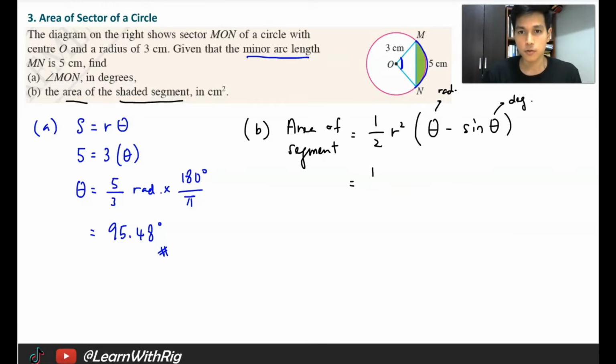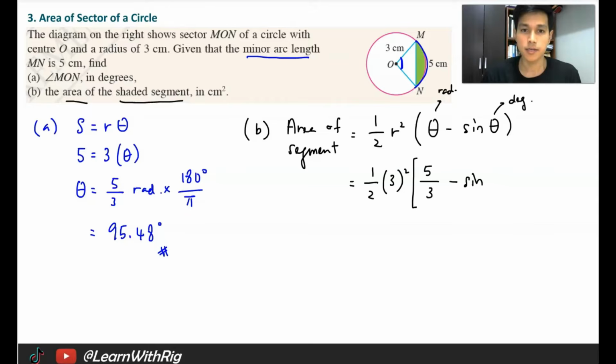So 1 over 2, your radius r is 3, so 3 squared. Theta is in radians, which you already found, in terms of radians, 5 over 3, minus sine, what's the angle there?